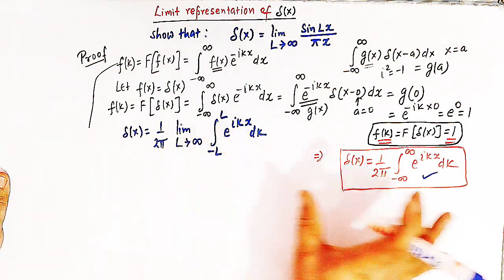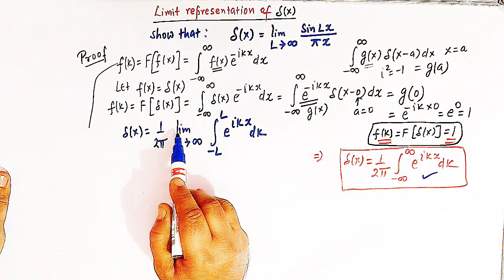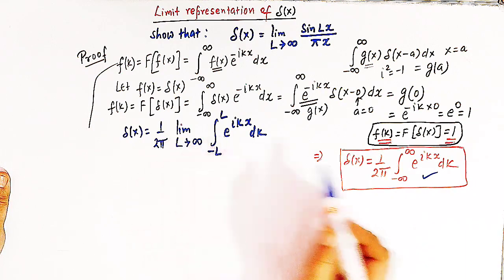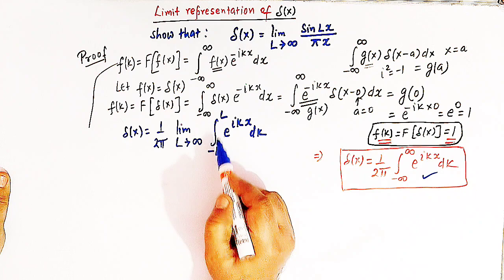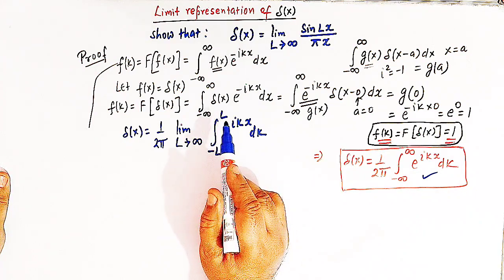So this expression and this expression are equivalent. We have written limit L tends to infinity, and here the lower and the upper limits are respectively minus L and L.